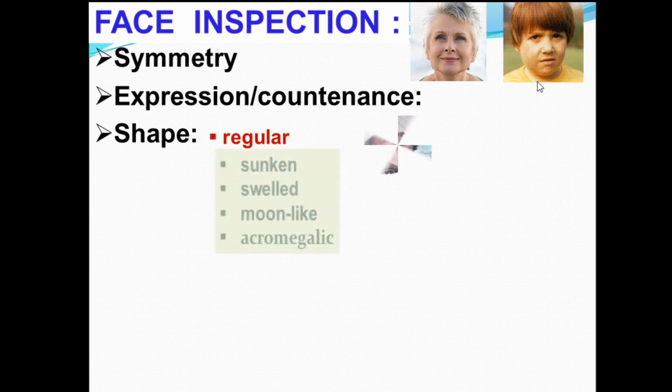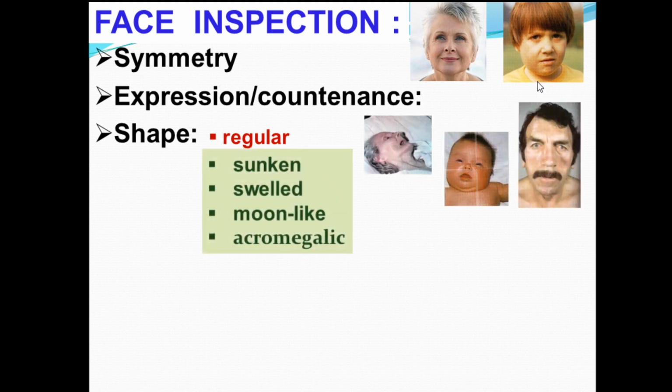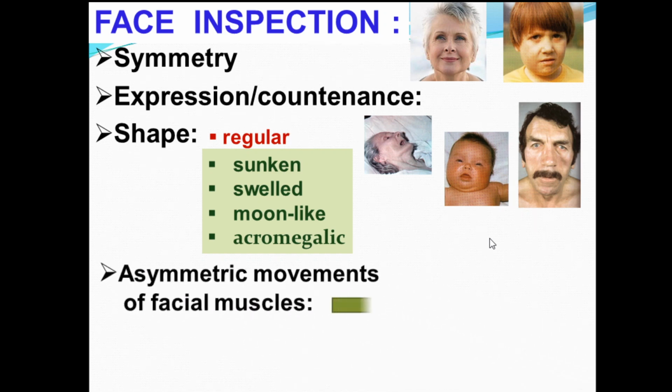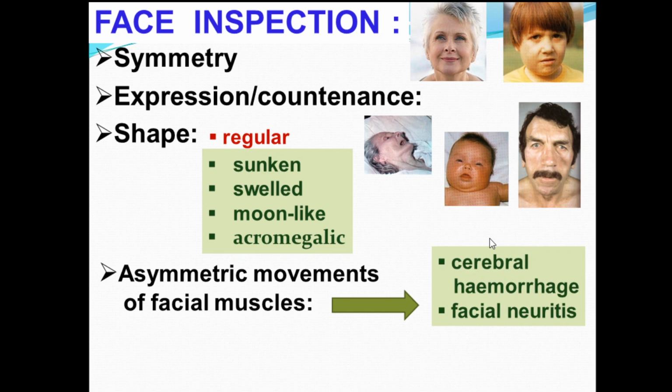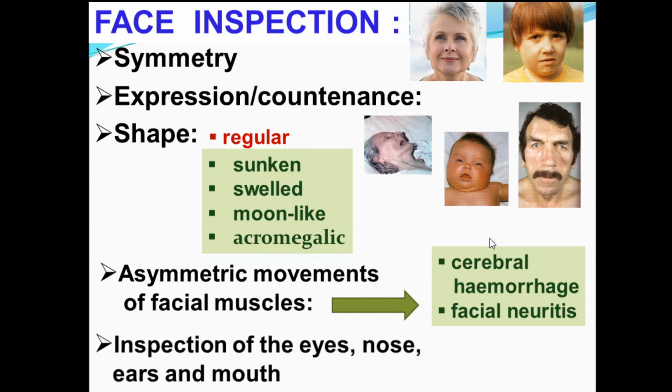Its shape, regular or some specific, sunken, swelled or moon-like, and acromegalic, maybe any other abnormal shape. We can see some asymmetric movements of facial muscles due to cerebral problems or some affection of facial nerves, facial neuritis, for example. And we'll obligatorily inspect eyes, nose, ears, and mouth, after which we can formulate the full conclusion.